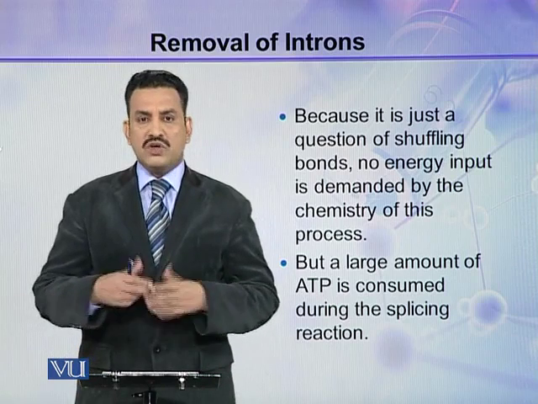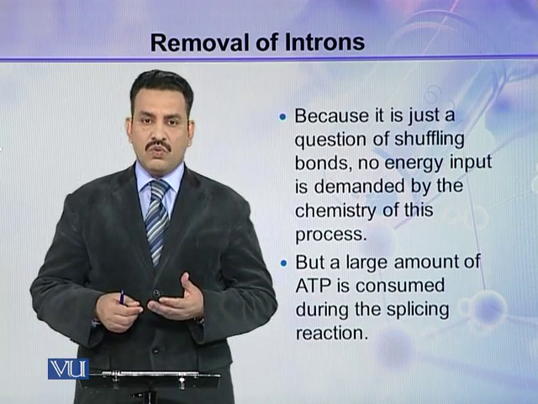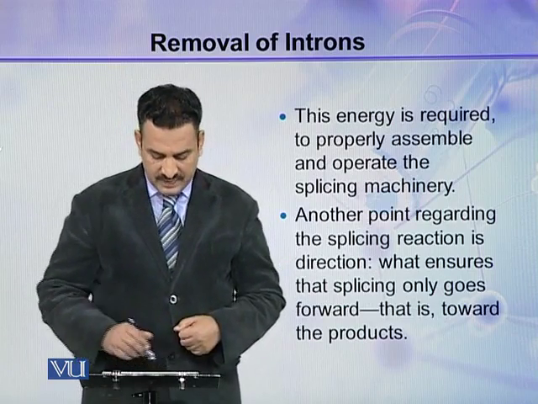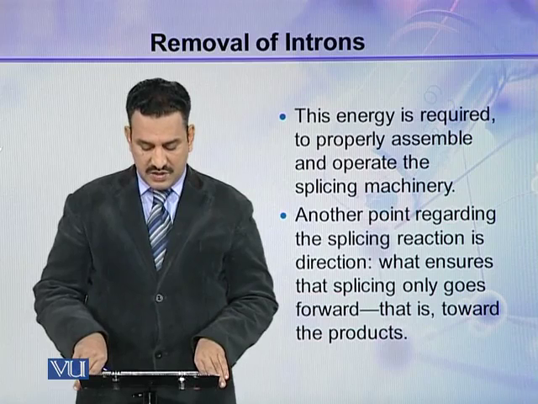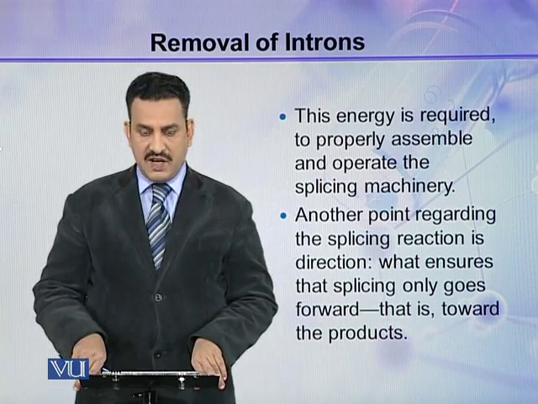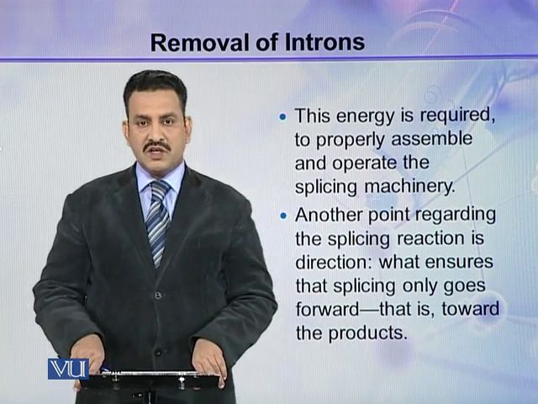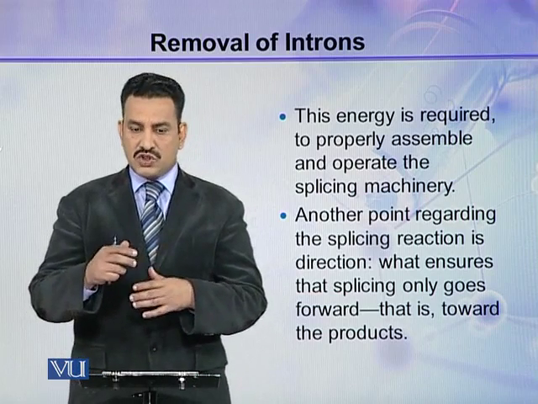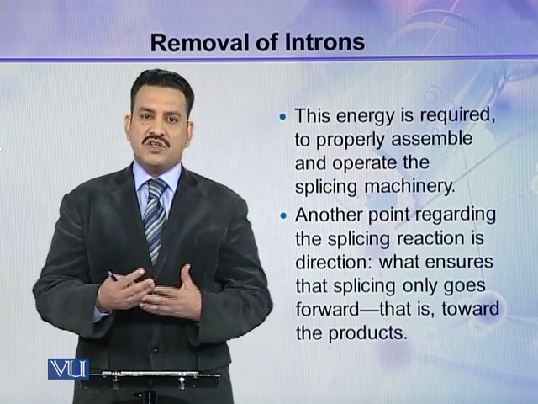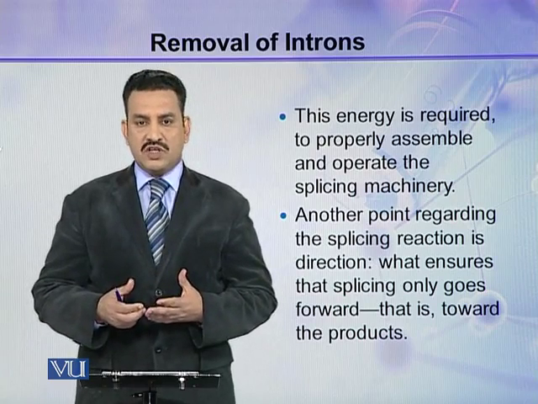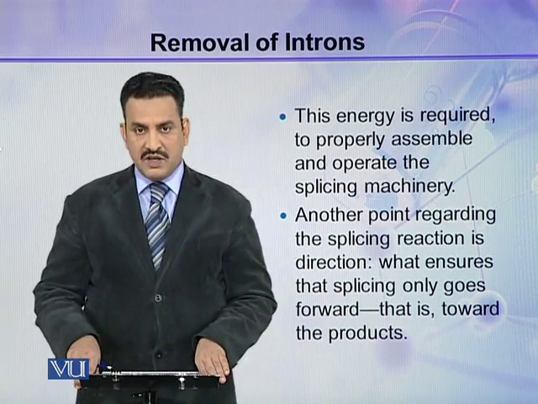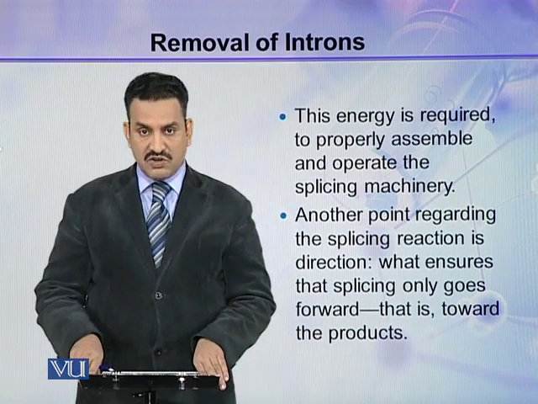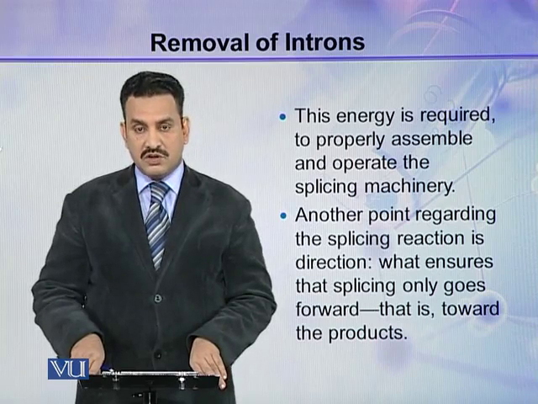If there is no energy demand, then where does this ATP energy go? This energy is required to properly assemble and operate the splicing machinery. So energy is needed for assembling and operating this machinery, and this energy is supplied by ATP hydrolysis.